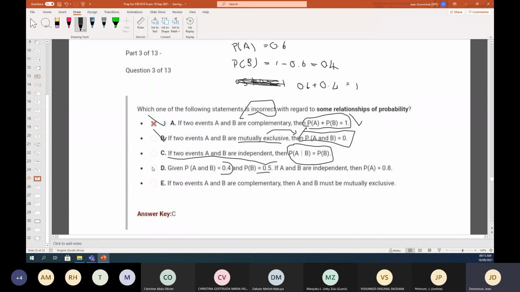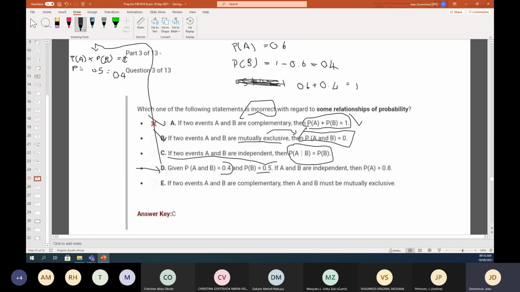Okay. So this one we need to work out backwards again. So let's just start it here. We know that if A and B are independent, probability of A times probability of B is equal to the and. So they've given us the and is 0.4. They tell us the probability of B is 0.5.